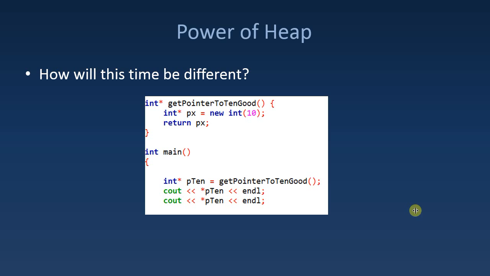So here's the same basic function, right? Get a pointer to the number 10, but this one is going to work correctly. The reason it's going to work correctly is that we're using the new keyword here. That's the big difference.